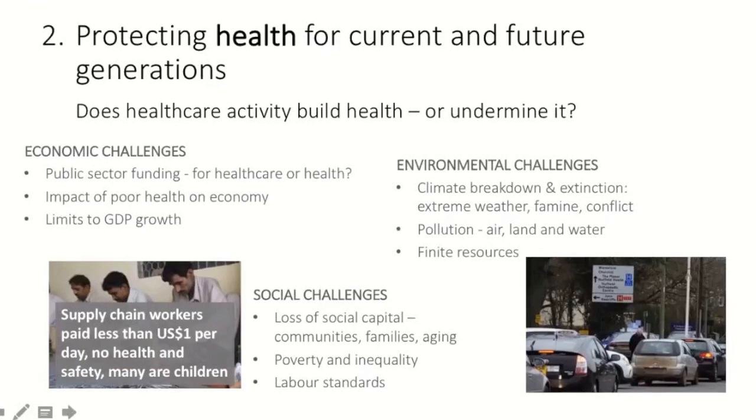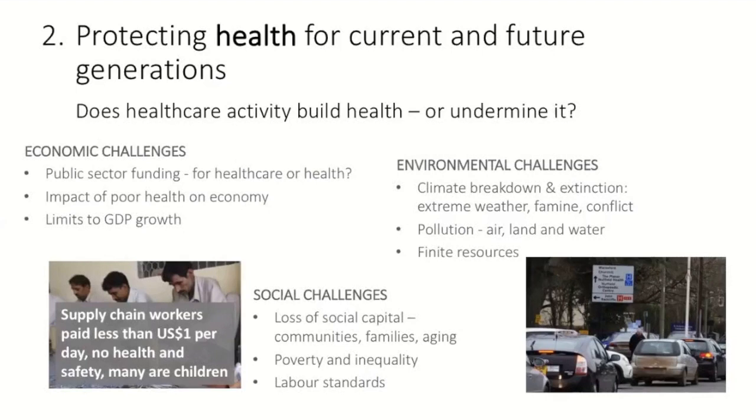In terms of environmental challenges, I think there's a much greater awareness currently here of the impact of air pollution on lives lost and life years lost in the UK.